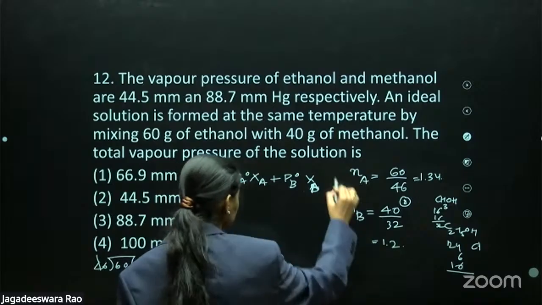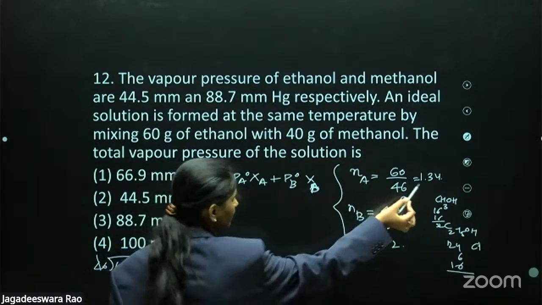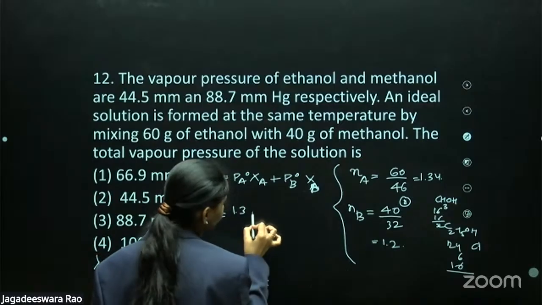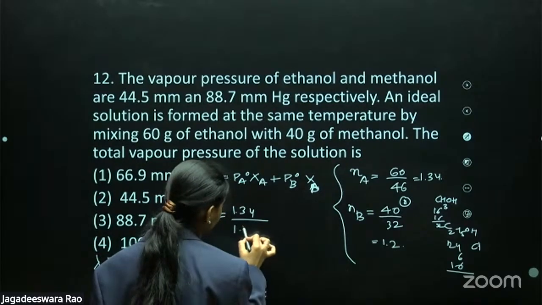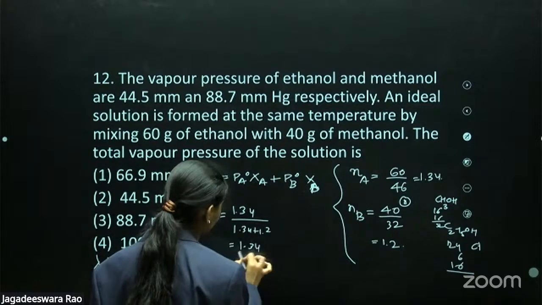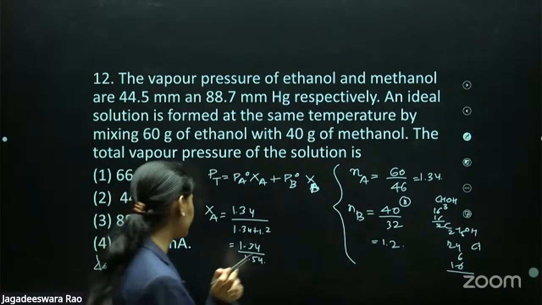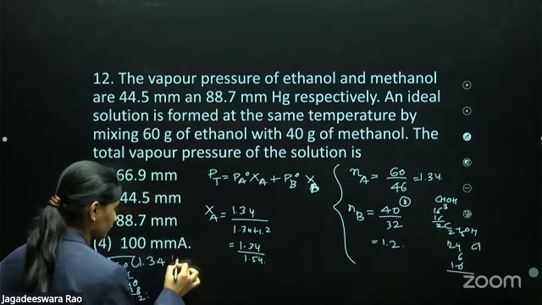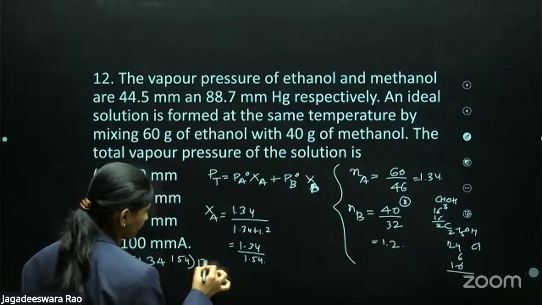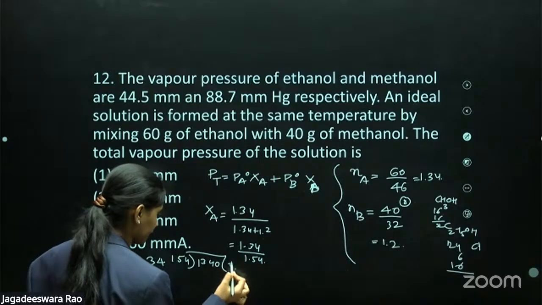Now from the moles, first find the mole fraction. XA is equal to moles of A, 1.34, divided by the total moles, 1.34 plus 1.2, which is equal to 1.34 divided by 2.54. Now you divide 134 by 254. Put 0, put a point and put 0.